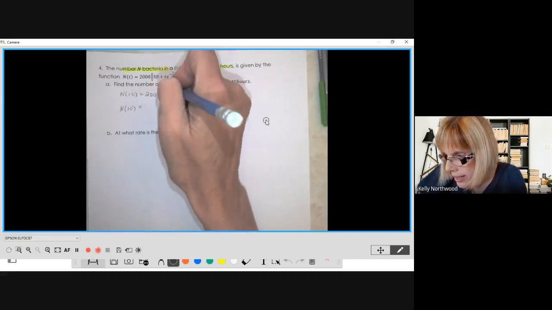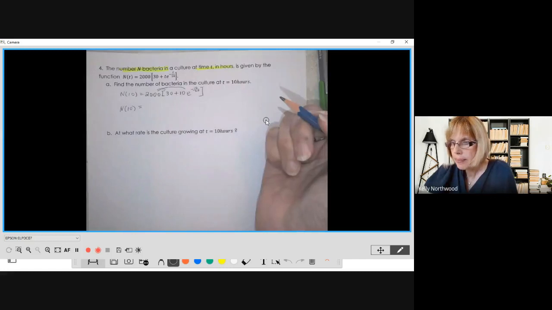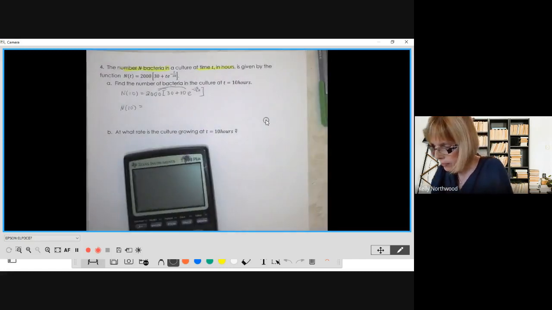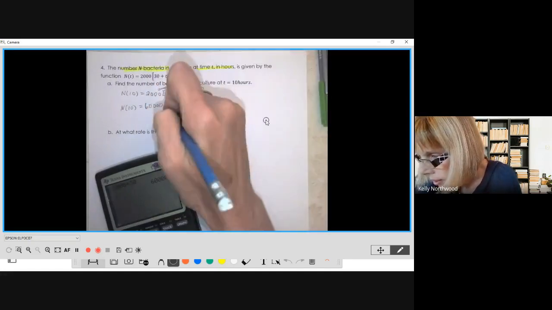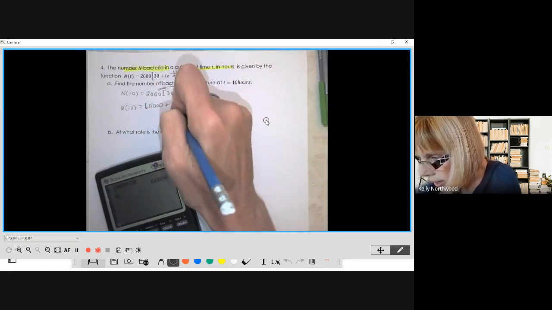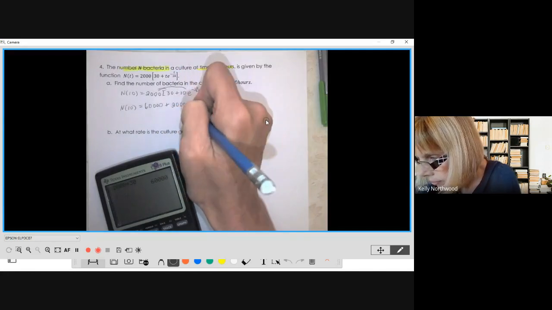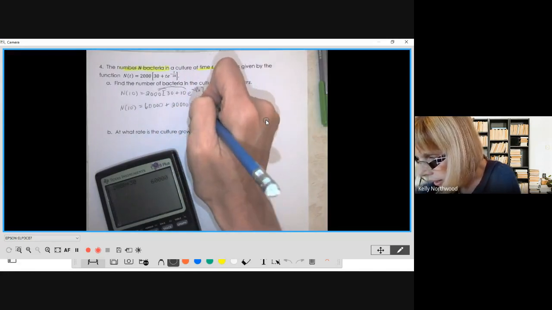If I want an exact one, I might multiply the 2,000 through here. So it's going to be 60,000 plus 20,000 e to the negative half.